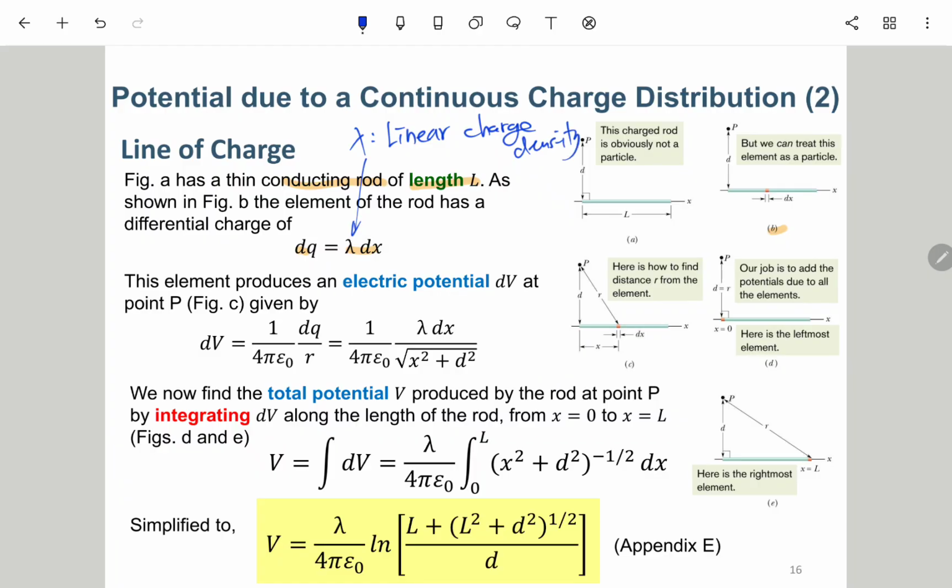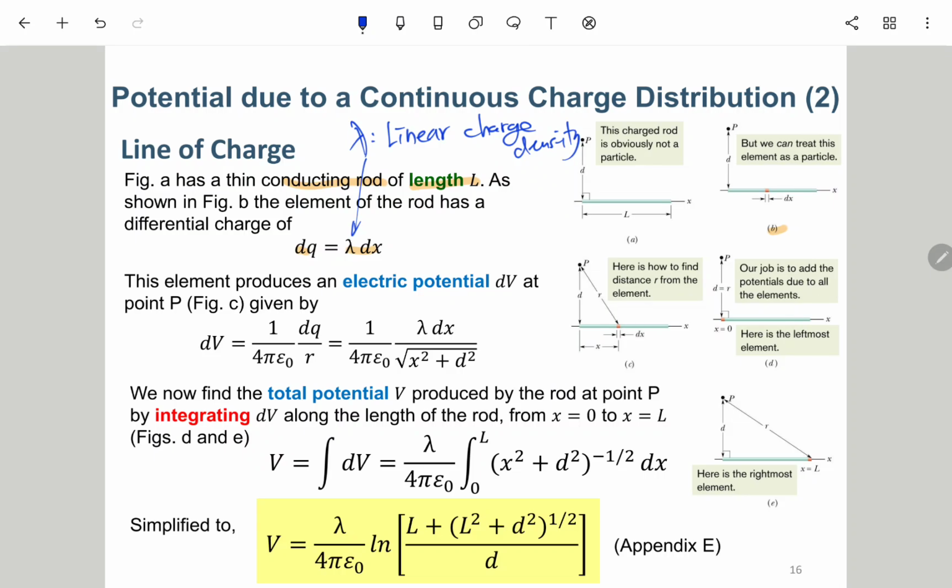If you forgot what linear charge density is, just go back to chapter 22. You need to do some revision because we will have a quiz next Friday. So dq equals lambda dx.